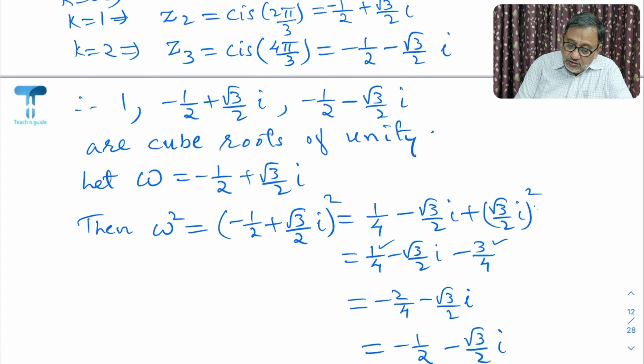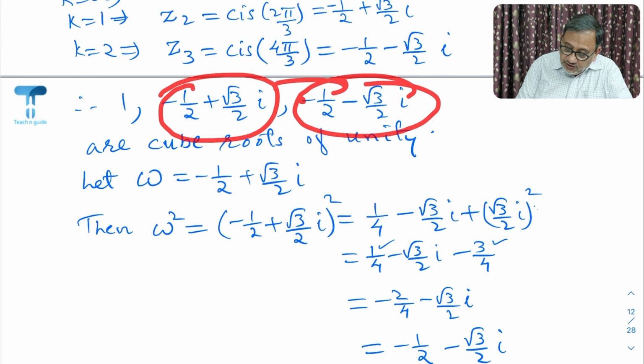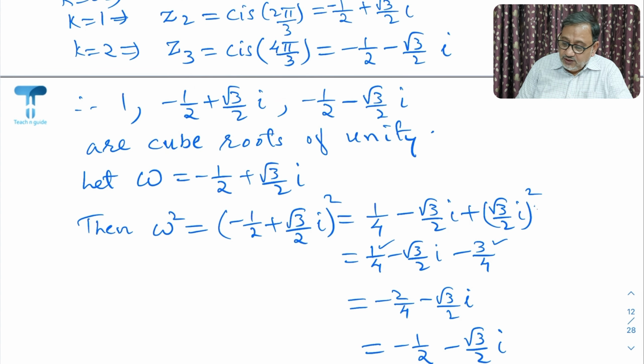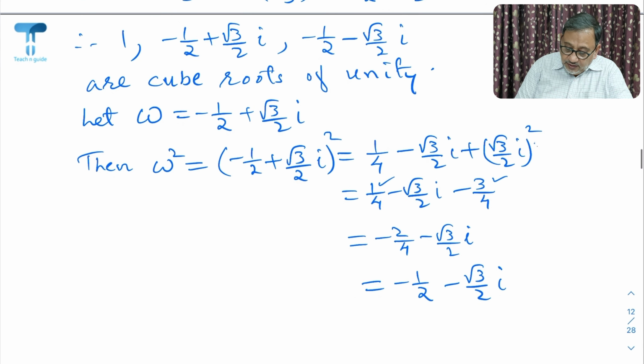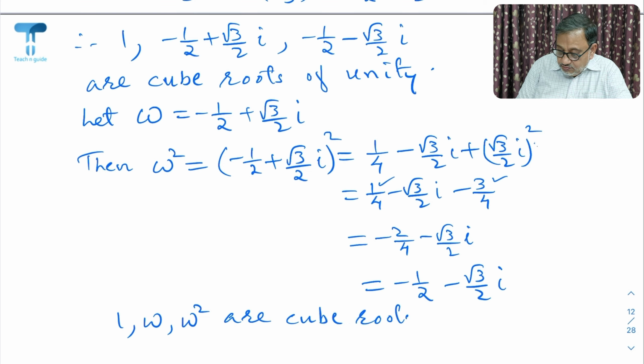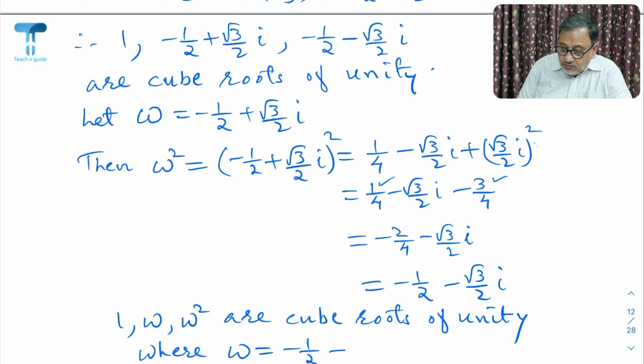Okay, so remember that square of this is this and square of this will be that one. Okay, so therefore 1, omega, omega square are cube roots of unity, where omega is any one of them you can take, right? Minus 1 by 2 plus root 3 by 2 i.